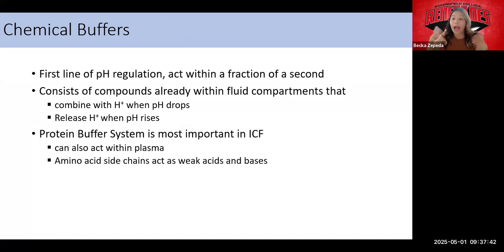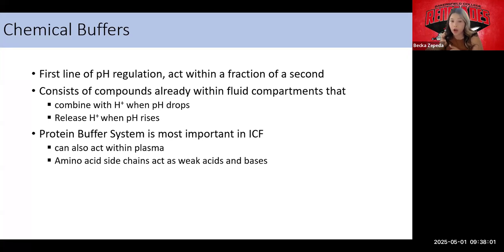As soon as we are outside of our normal range, we can use these chemical buffers to act immediately to bring us back into homeostasis. These chemical buffers will combine with hydrogens, because remember, if you have a low pH, that means you have high hydrogen ion availability, or a lot of free-floating hydrogen ions.